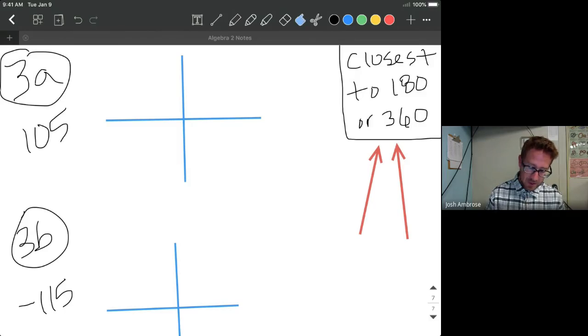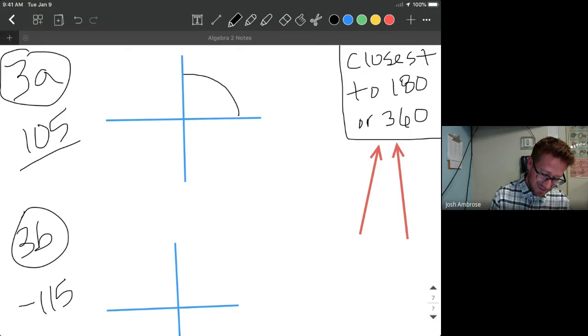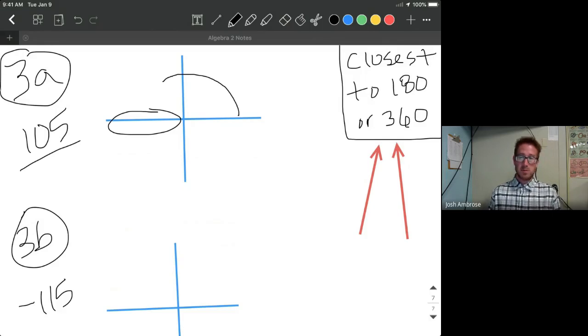All right, that little note right there tells you where you get your reference angle from. You get it from the original number, so for 3A, the 105, and then figuring out what 105 is closest to. Is it closest to 180 or is it closest to 360? All right, so if we were to draw this out, it's a positive 105. You'd always start in standard position, go 90, and then we go just a teeny bit more. It's closer to the 180 marker. Remember, this right here is the 180 marker.